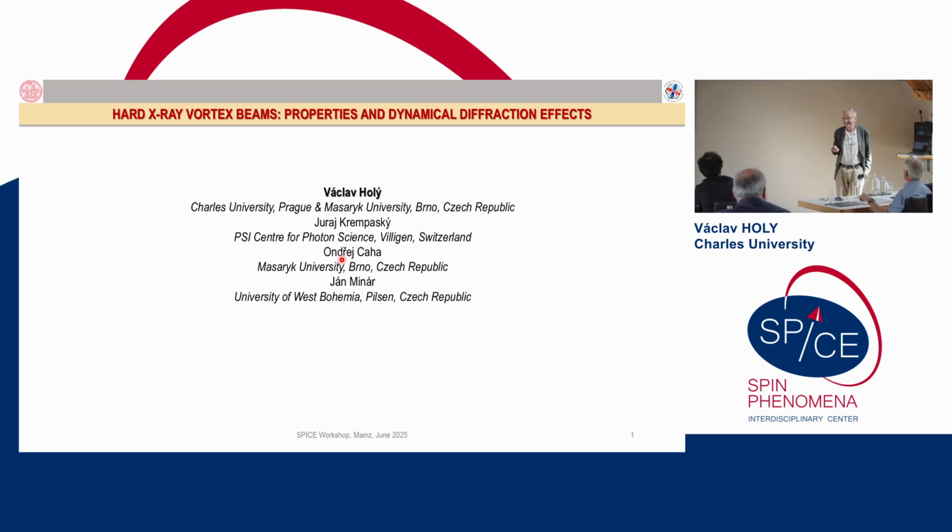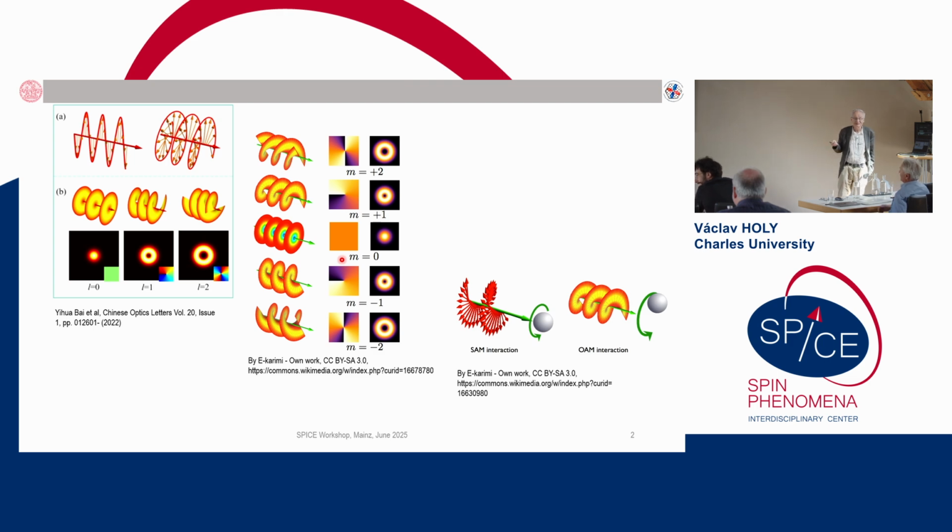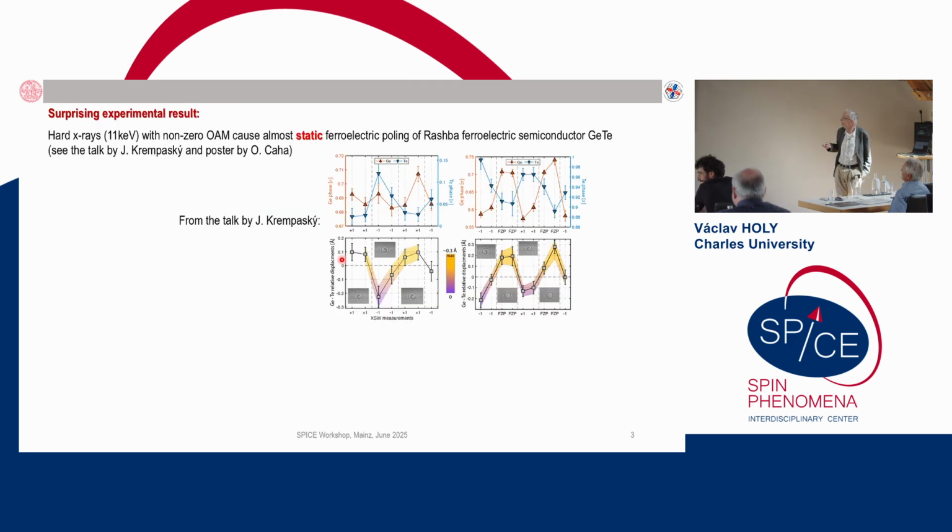Anyway, I think I can skip these pictures you've seen many times. I will just remind you that what you saw a few minutes ago is a static change of polarization of the Rashba semiconductor germanium telluride caused by hard X-rays with the energy of 11 keV.